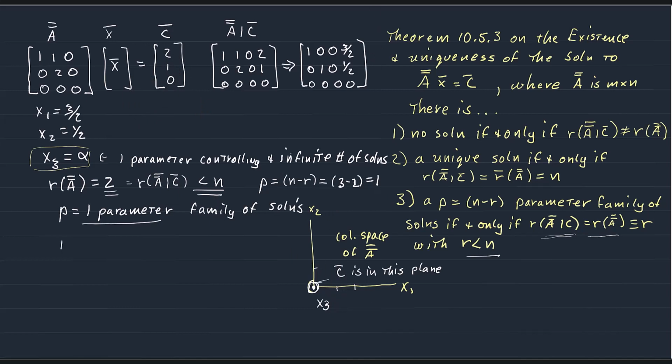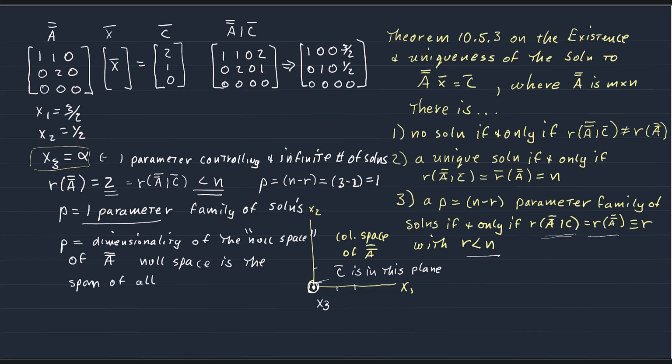So the other concept is that P is also the dimensionality of the null space of A. And so the null space is the span of all vectors for which Ax is equal to 0, the 0 vector.